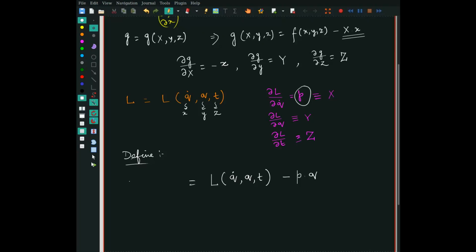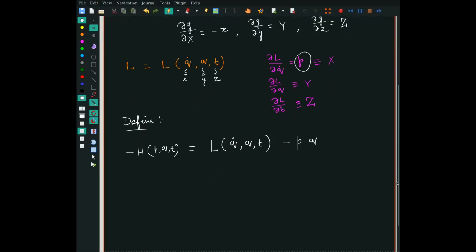Following the convention, I will call this function minus H, so that would be a function of capital X. So first of all, this should be a function of capital X, which is basically p, then q and t. If I define this Legendre transformation, then I construct this function, which I will call my Hamiltonian, to be this L minus p times q. Now basically the role of g will be played by minus H.